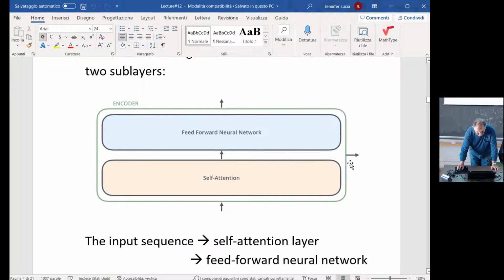So each encoder is divided into two sublayers. There are two subblocks. First, self-attention. This block elaborates some numerical characteristics in matrix form, and then a feed forward neural network.